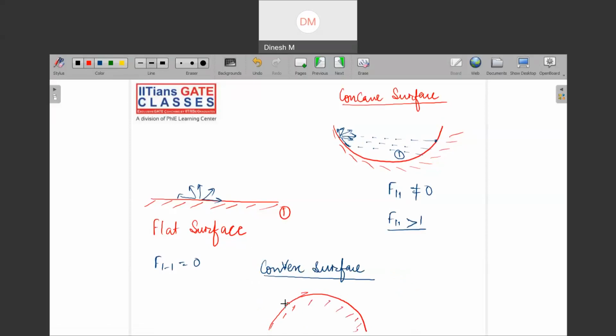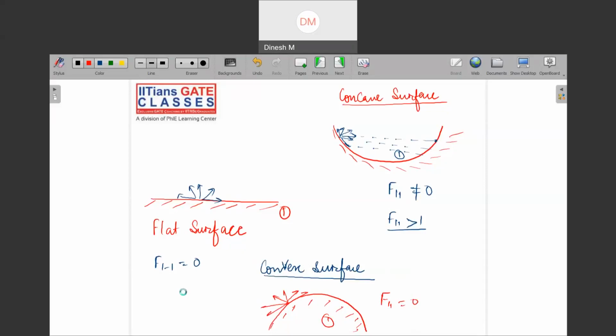Can you see that none of the radiation will travel back to this surface again? It cannot reach its own surface. Then again my F11 is equal to 0 if I name this surface as surface 1.